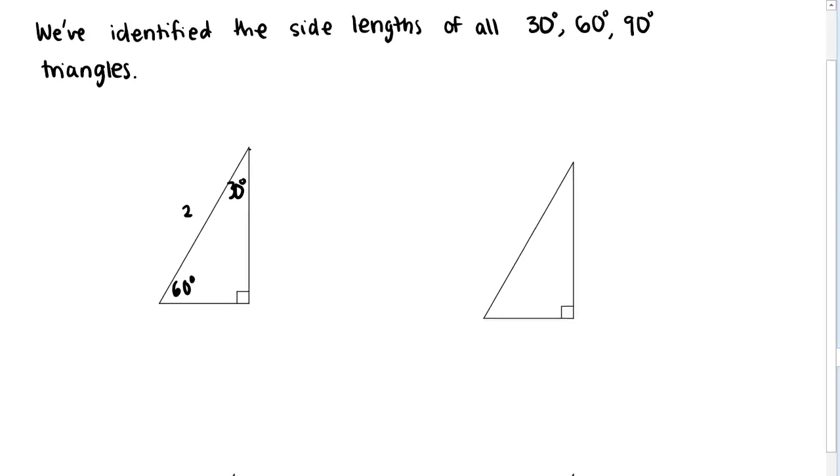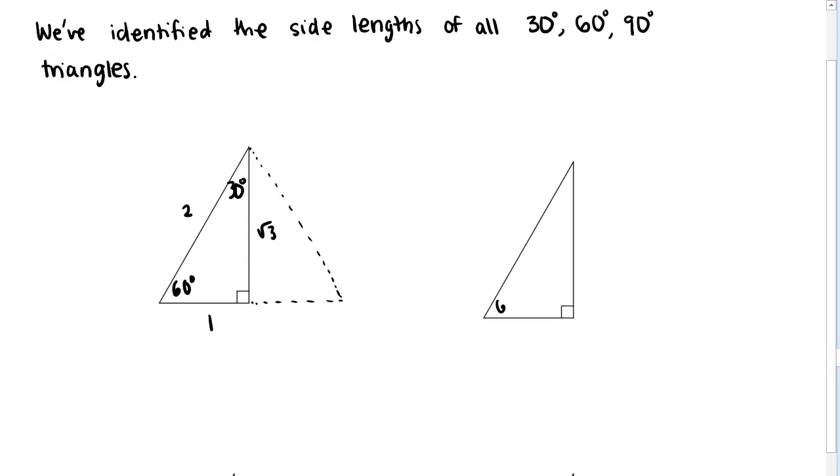By looking at this in the context of an equilateral triangle, we're able to recognize that the side opposite the 30-degree angle was half of 2, that was 1. And the side opposite the 60-degree angle, the larger of those two angles, was the square root of 3.